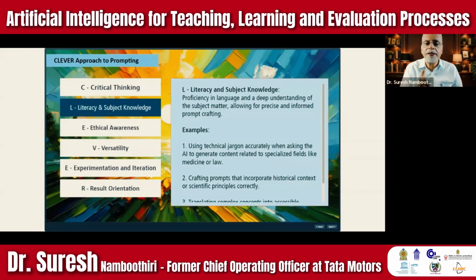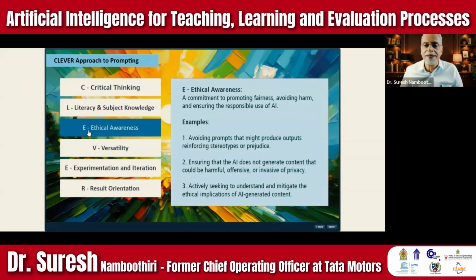Therefore, literacy and subject knowledge is very important. E is ethical awareness. See, there is something called jailbreak. In most large language models, you can actually do the jailbreak, and even go to unethical and immoral territory. I will tell you one example.